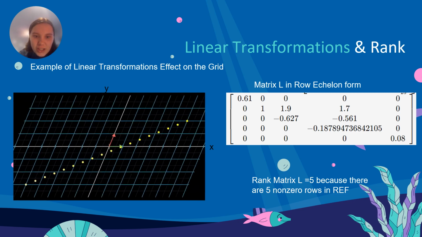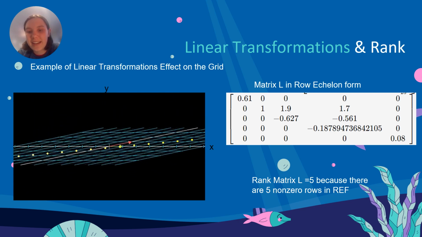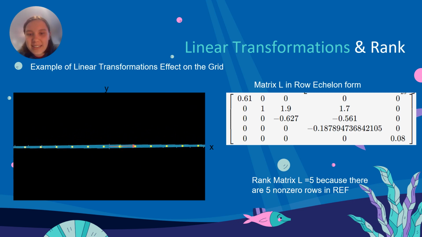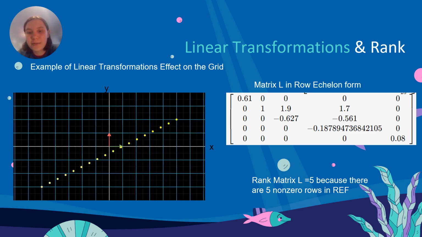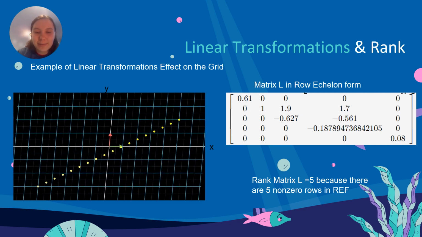So just looking at our little slide here, we can see matrix L, the original data as a reminder, in row echelon form. To know the rank of a matrix in row echelon form, you just want to check to see if there are any zero rows, real simple.